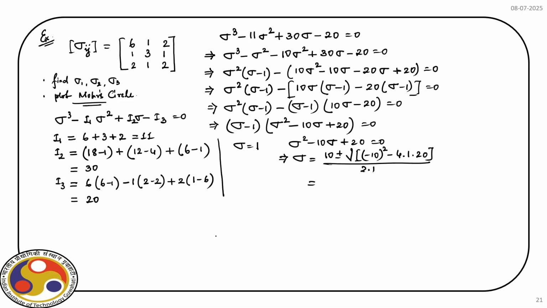And if you solve this expression, you will get two roots, which will be 2.76 and 7.24. So, our principal components are sigma 1 is 7.24, sigma 2 is 2.76 and sigma 3 is 1.